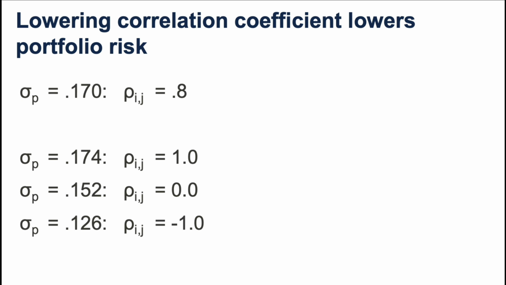If we have a correlation coefficient of 1, we have a portfolio standard deviation of 0.174. That happens to be the highest that it can be given the weights in the previous example. Lower it and the portfolio standard deviation goes down. Our risk efficiency increases with lower correlation coefficients.